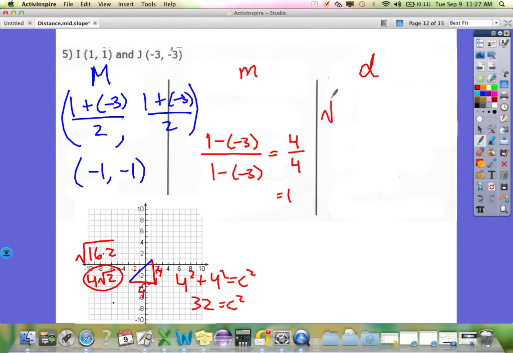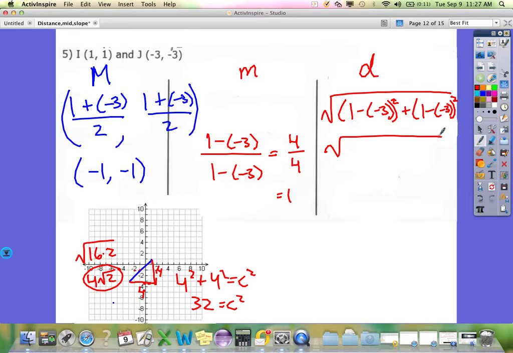So let me work this out the long way. So let's see, x minus x, 1 minus negative 3 squared, plus 1 minus negative 3 squared. 1 minus negative 3 is actually 1 plus 3, so that's 4 squared plus 4 squared. So it's starting to look a little familiar, okay?